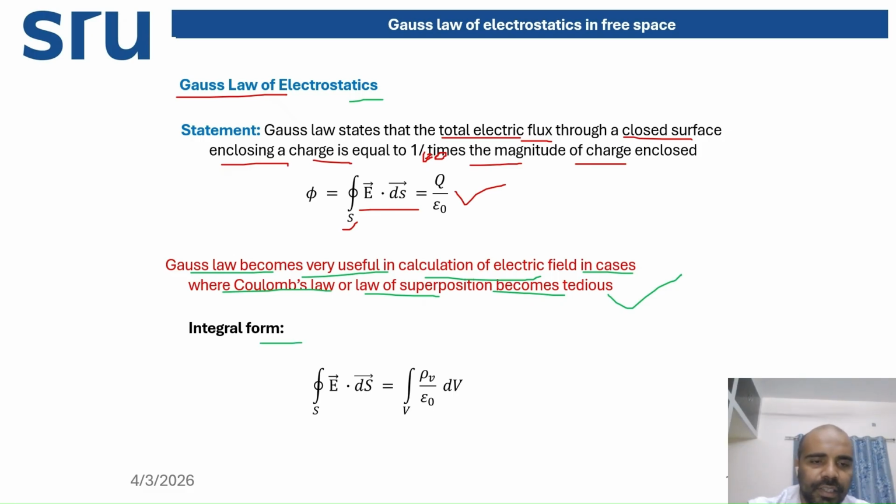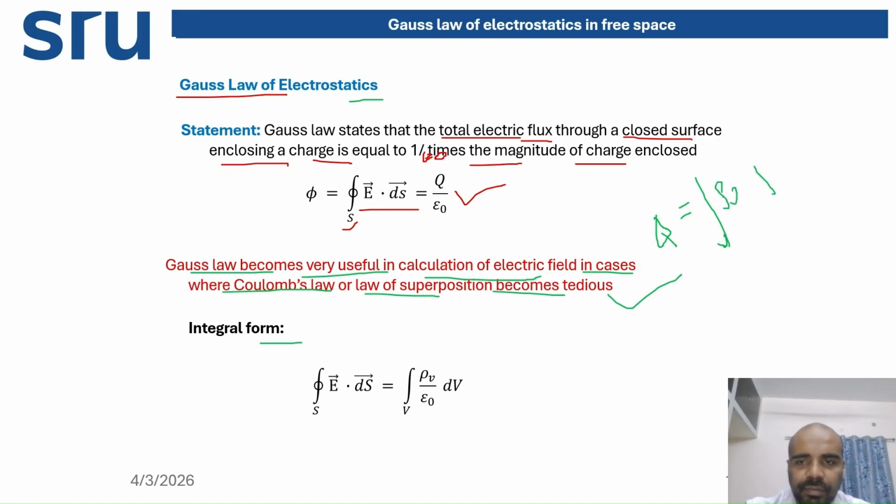So what is the integral form? E dot dS equals q, and the charge q can be written as the volume integral of rho dV, where rho is the charge density.